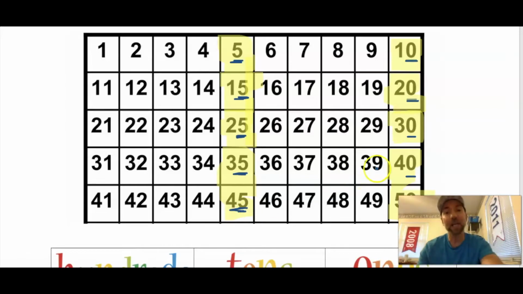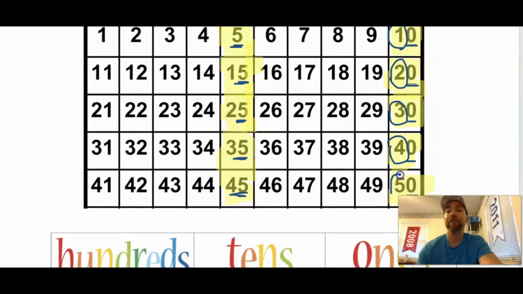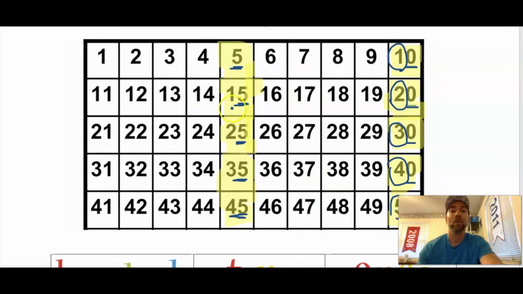And we also seem to be counting up in our tens place. 1, 2, 3, 4, 5. 1, 2, 3, 4, if I kept going, be another 5. So I see a pattern in both places.